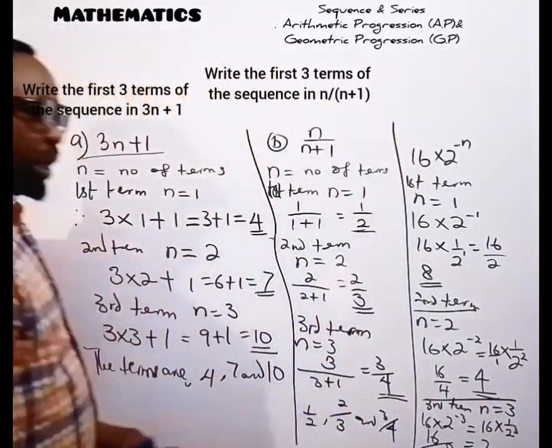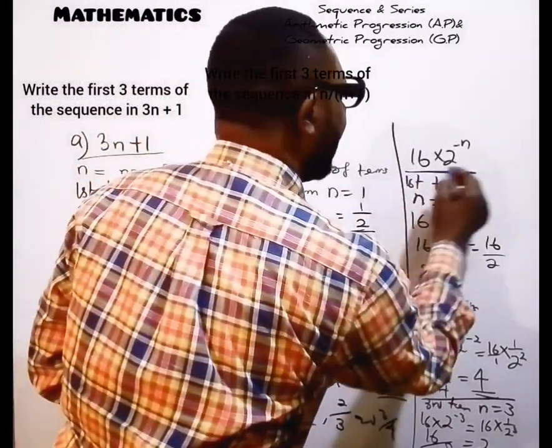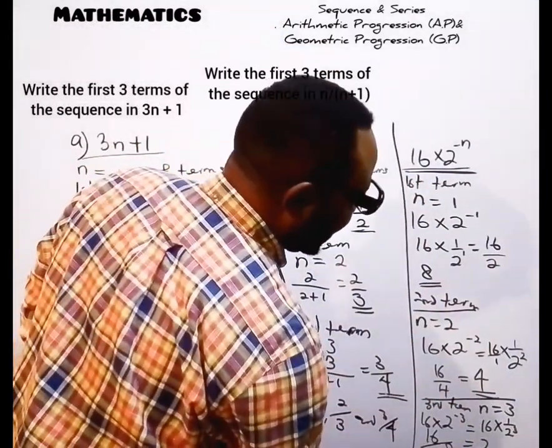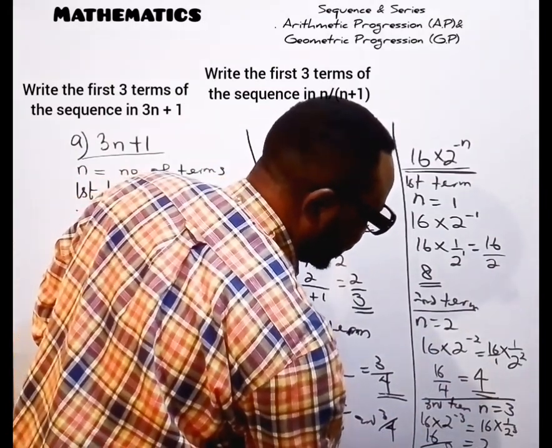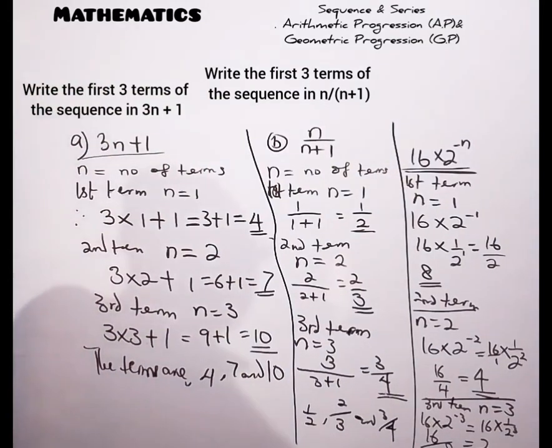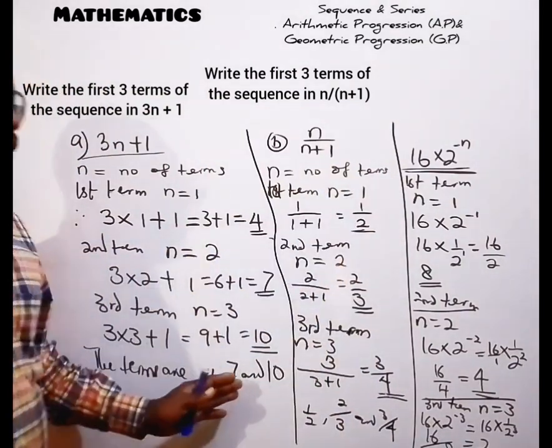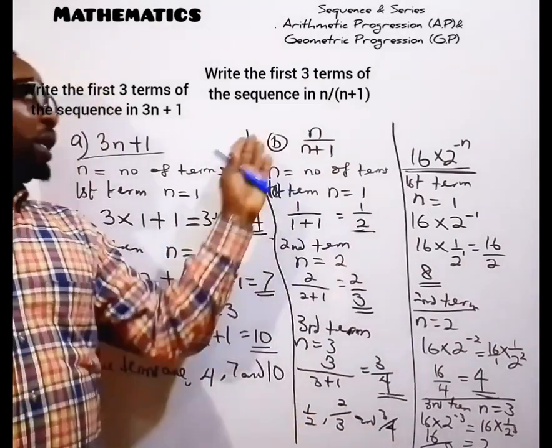So the first term is equal to 8, the second term is equal to 4, and the third term is equal to 2. 8, 4, 2. So we have this set of answers to the question that we are asked to find here.